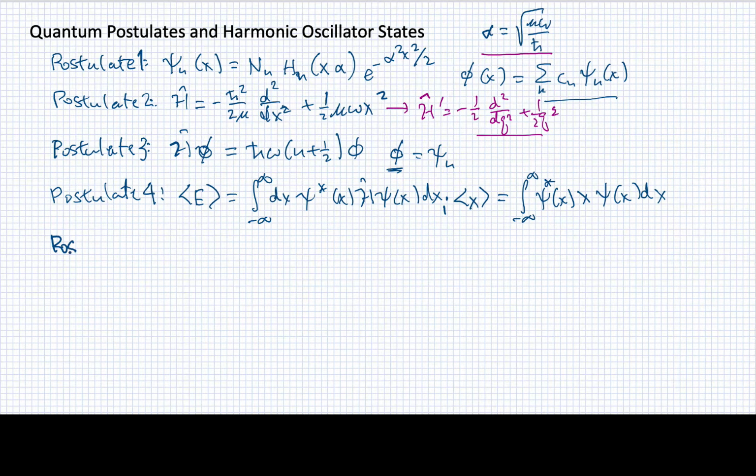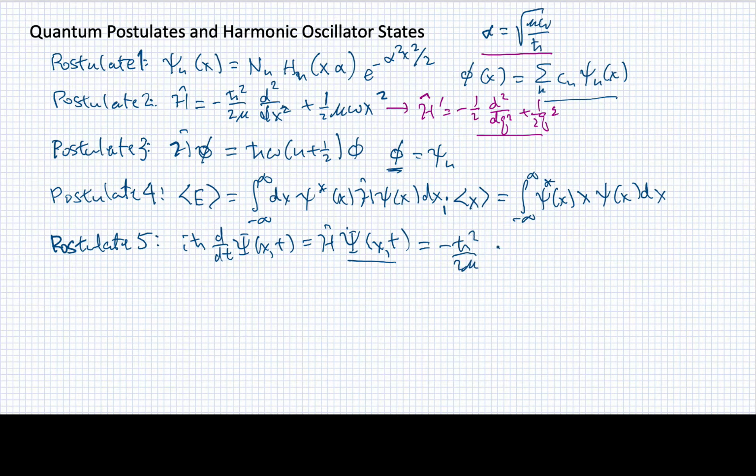Finally, postulate 5 tells us how the time dependence of the harmonic oscillator might be governed. It would be governed using the time-dependent Schrodinger equation, which we can write this way. And this big psi of x and t again could be written as a linear combination of the eigenstates of the Hamiltonian, and the Hamiltonian itself would be operating on it with this result.